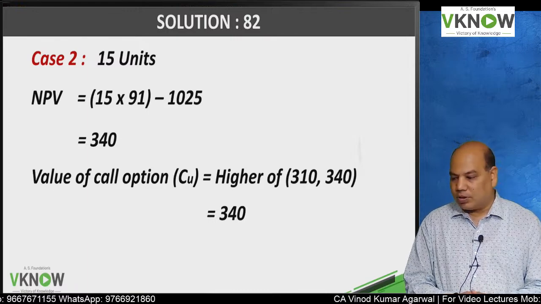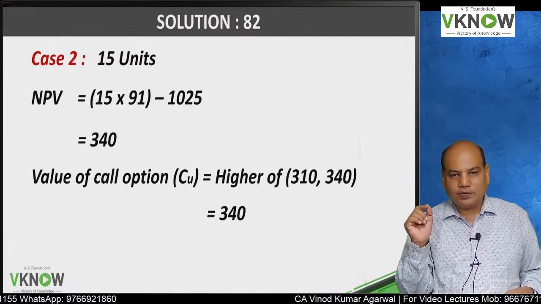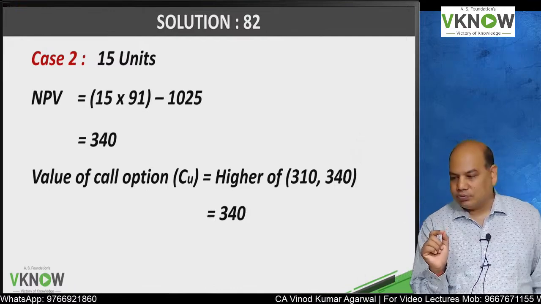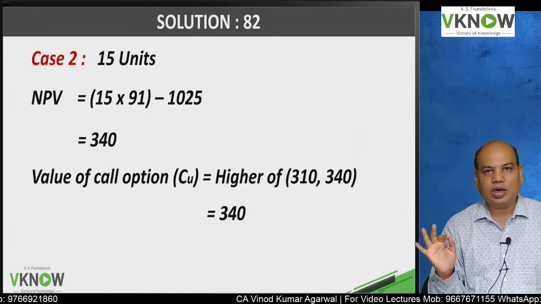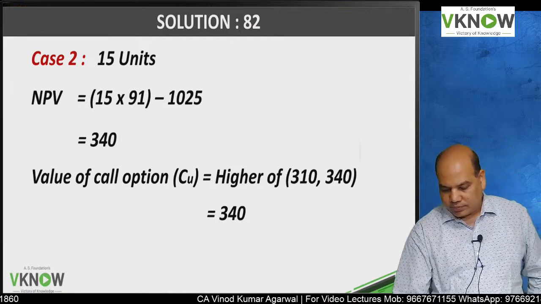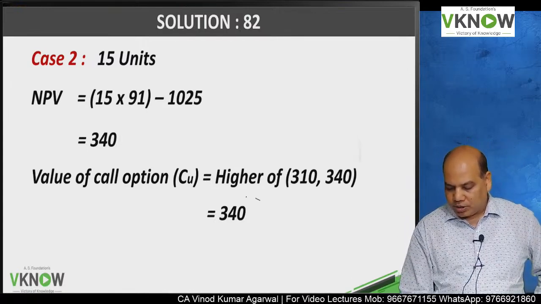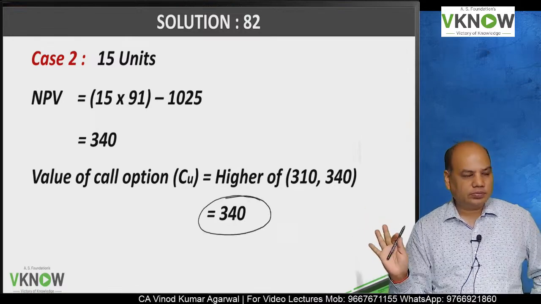So if the market is buoyant, we will construct 15 units and my NPV after 1 year will be 340. Log this number.